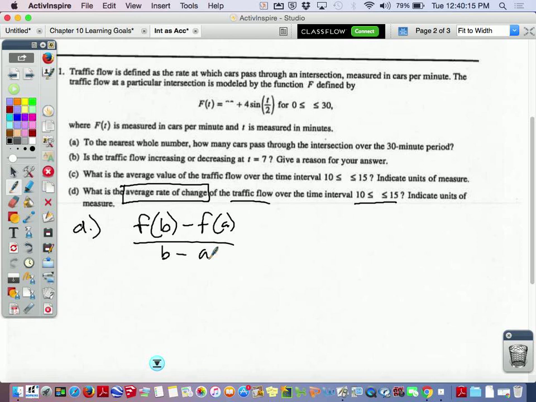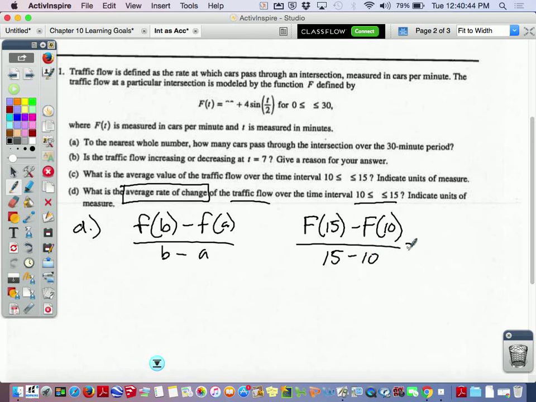Remember what this does is this approximates the instantaneous rate of change. So this is like a derivative, or an approximation of the derivative of our function f of t. So for this case, we'll do capital F of 15 minus capital F of 10 all over 15 minus 10.